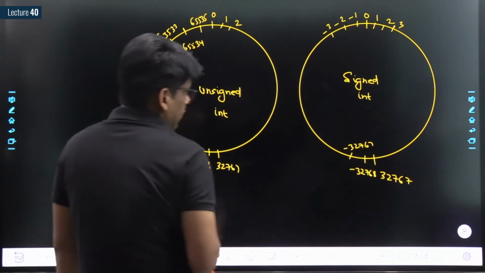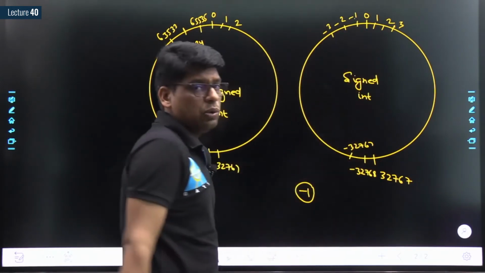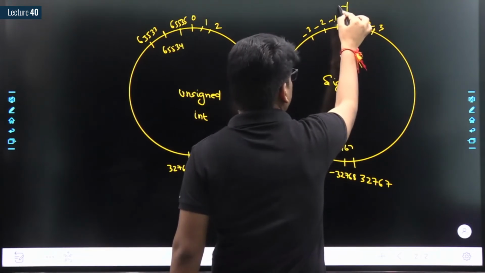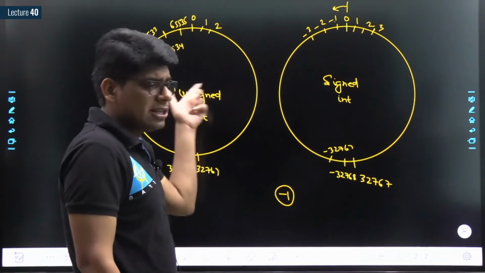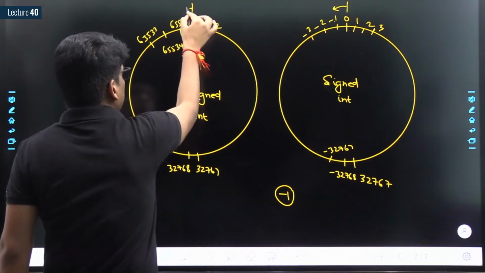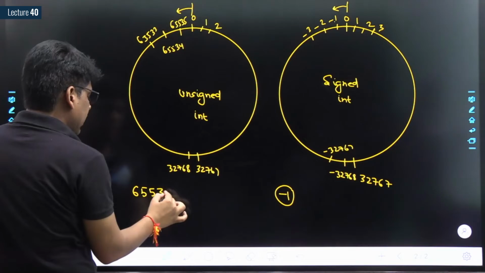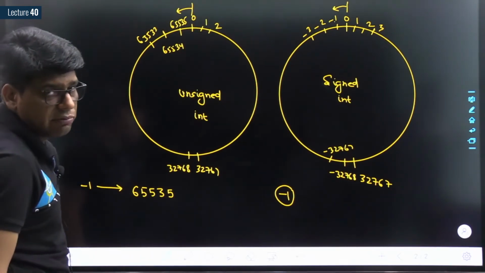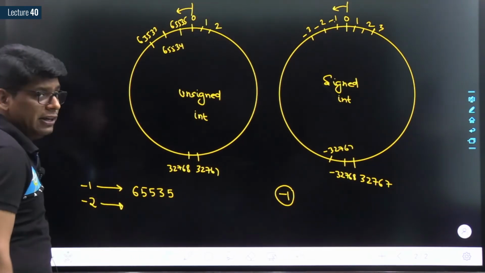If I say -1, how does converting this -1 into unsigned work? For -1, we move one position in this direction. If I convert -1 into unsigned, we look at this circle: from 0, we move one position, which gives 65535. So the unsigned value for -1 is 65535. Again, convert -2 into its equivalent unsigned value.